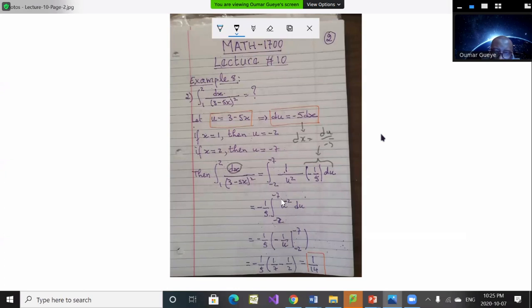Calculating the antiderivative, you get -1 over u, taken from -2 to -7. At -7, you already have a minus, and this minus becomes 1 over 7. And we have -1 over 2. After calculation, you get 1 over 14.